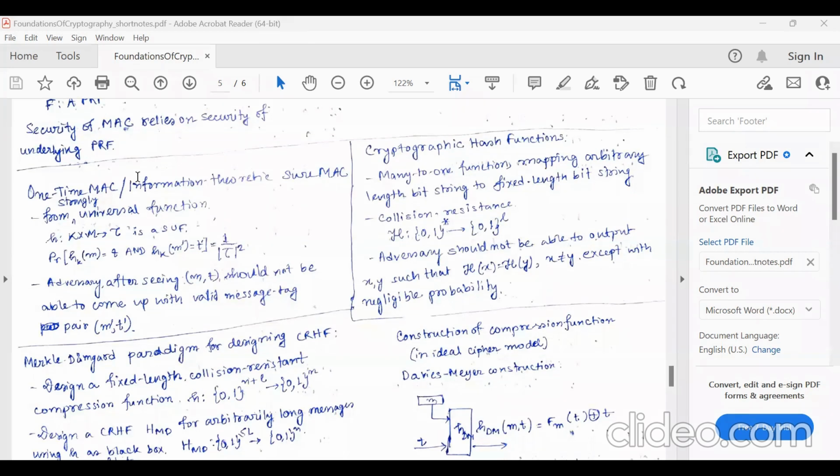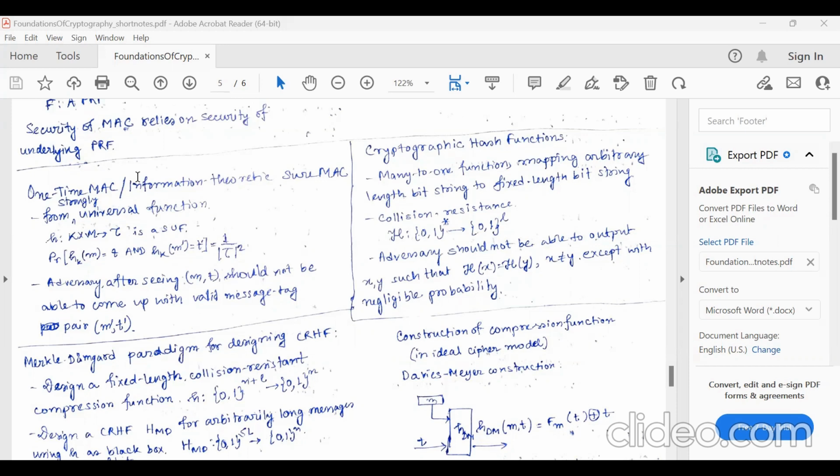The same goes for Hk of M dash being T dash. Because M and M dash are not related to each other, T and T dash should also be independent of each other and uniformly distributed over the output space, that is tau. So 1 by size of tau square should be the probability of its happening. And so you can construct a one-time MAC or information theoretic secure MAC from the strongly universal function.